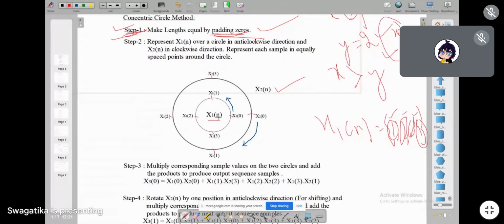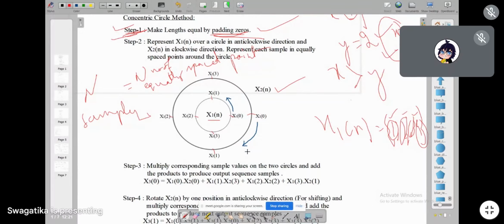For n number of samples, you have to indicate n number of equally spaced points. And for x1 of n, you will go in anti-clockwise manner. For x2 of n, you will go in clockwise manner. Clear?